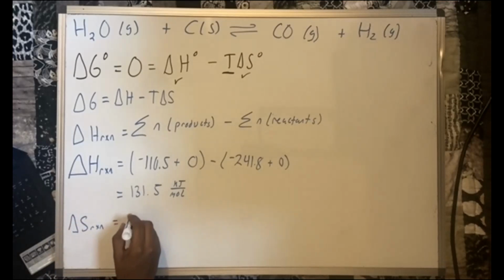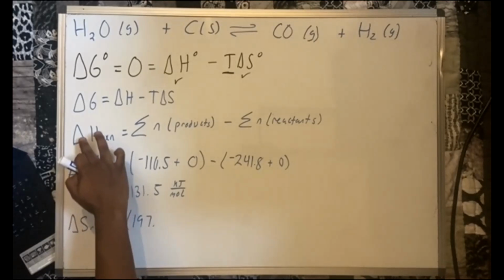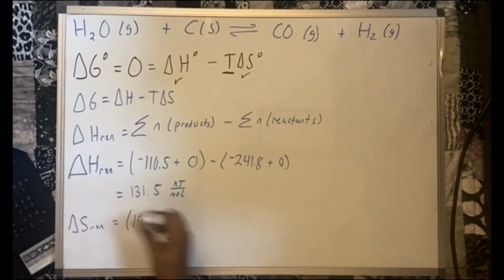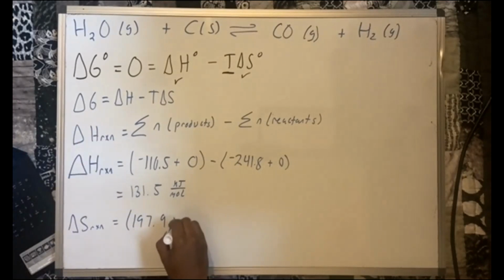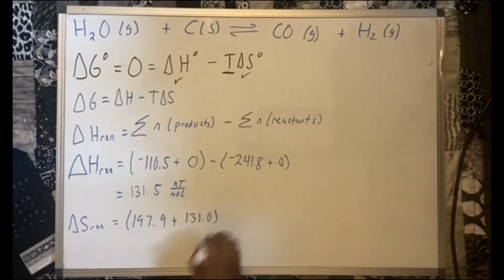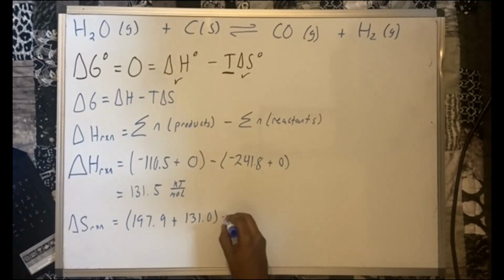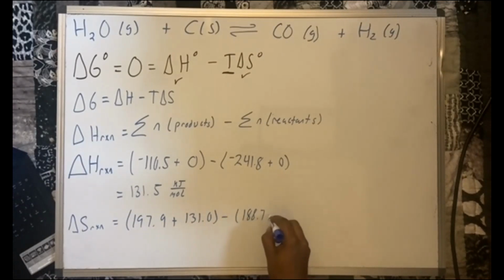Do the same thing for delta S. So if I look at my thing, for CO, it's 197.9, plus 131.0 for the H2, minus my H2O, 188.7, minus my 5.69 for the carbon.